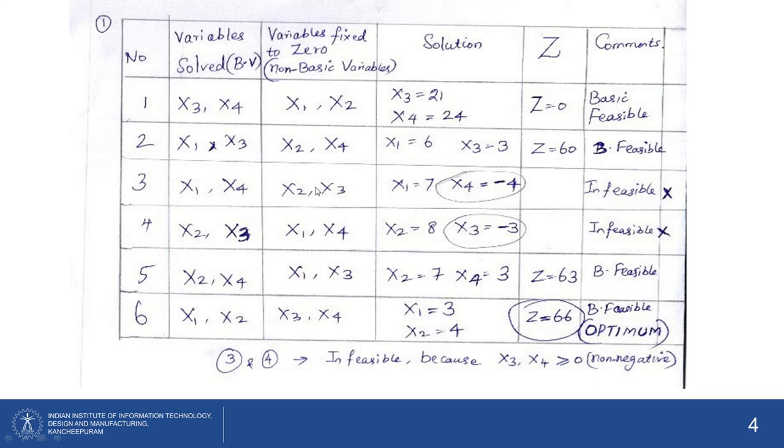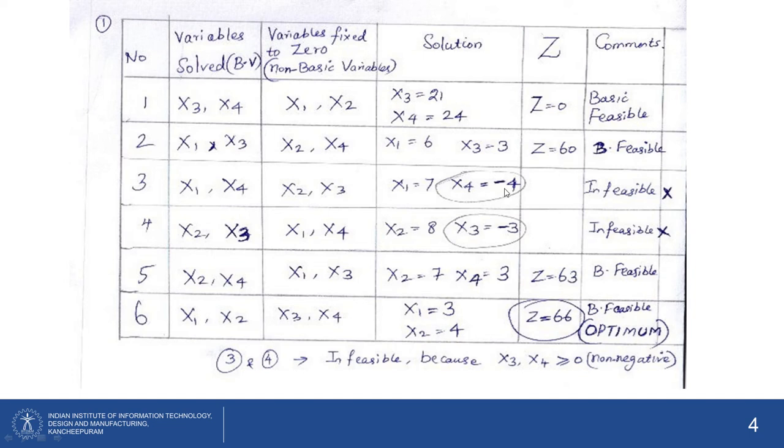x1, x4 are basic variables and x2 and x3 are 0. So we find x1 is 7 and x4 is minus 4. This is violating the rule. According to our rule, x1, x2, x3, x4 should be greater than or equal to 0.